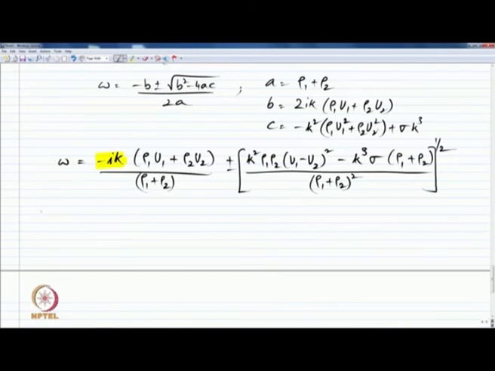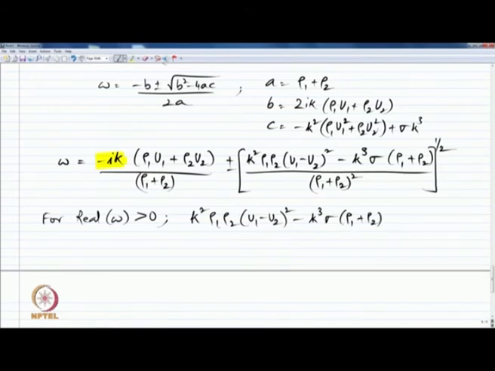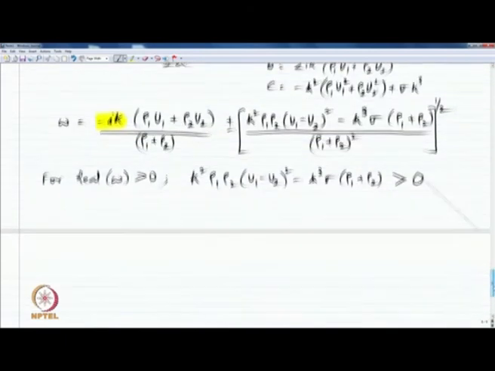So, for the real part of omega to be greater than 0, we know k squared times rho 1 rho 2 has to be greater than 0.